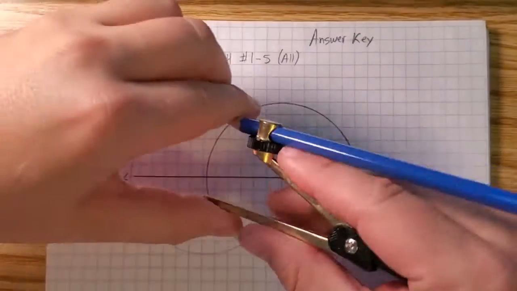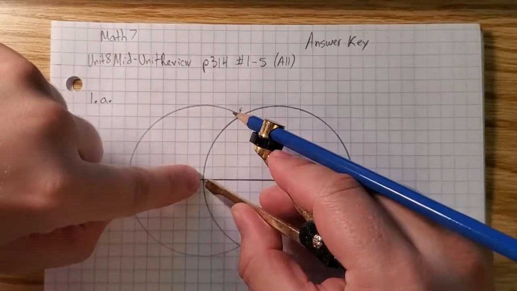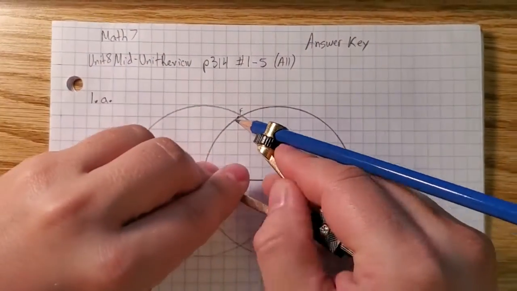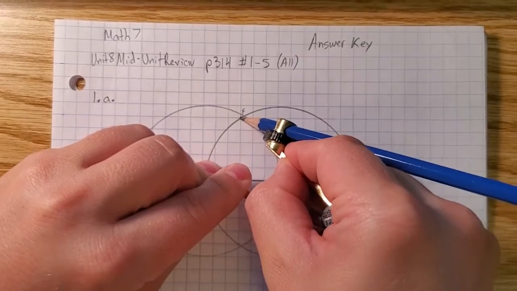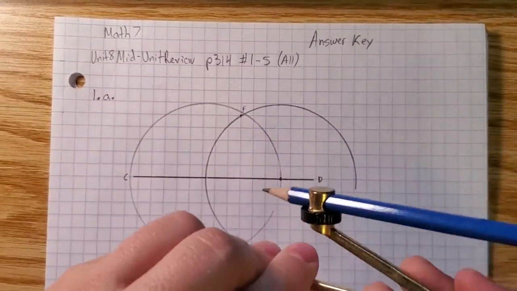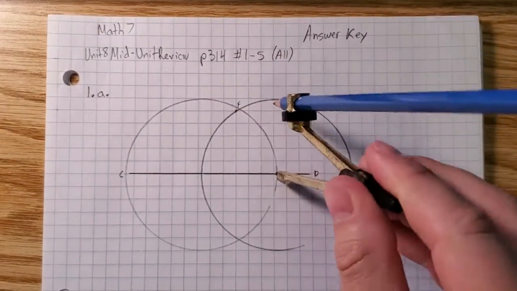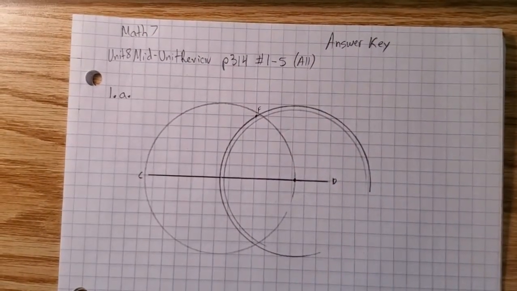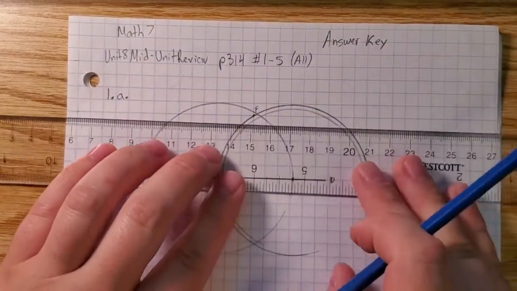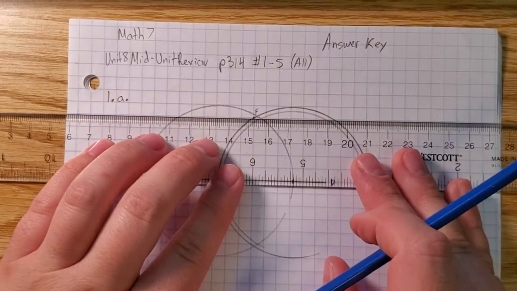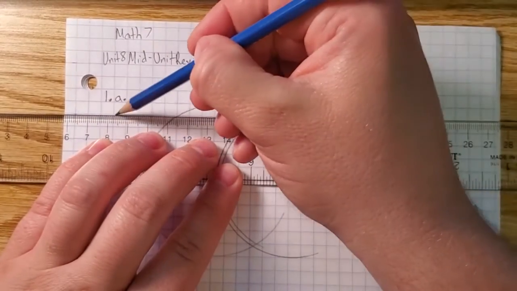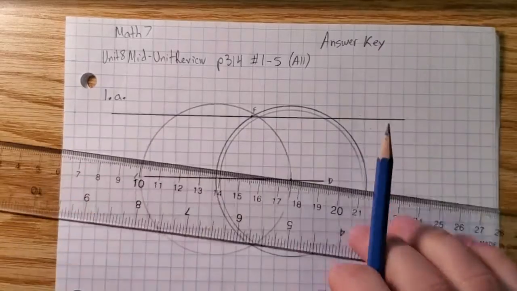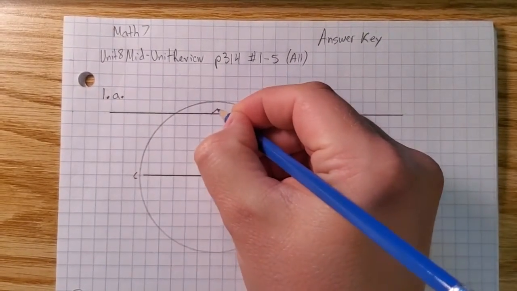Then I readjust the compass, I stick it on where that was at center and measure to F. And then I lift it up, put it back where the pin was for the first circle, arc it. And then I just draw a line straight through where those two circles line up and point F, and voila, there is my line that is parallel.